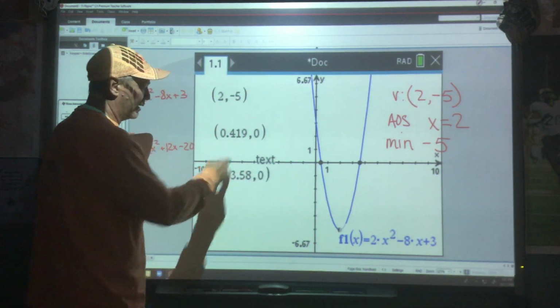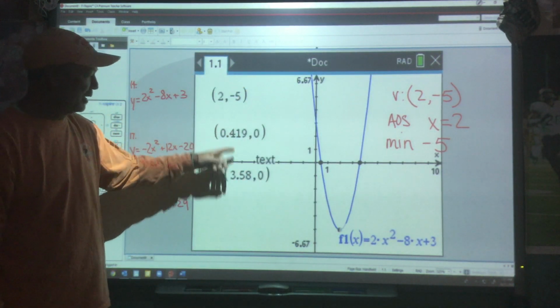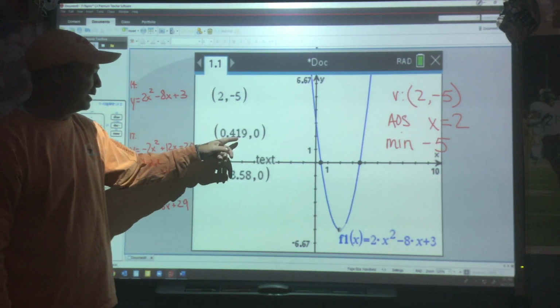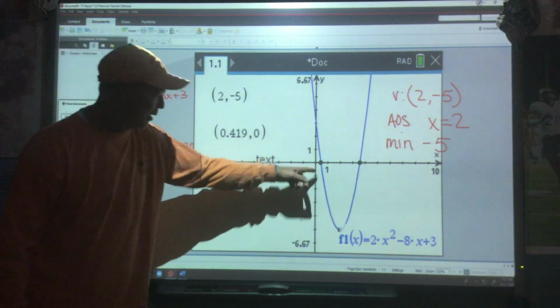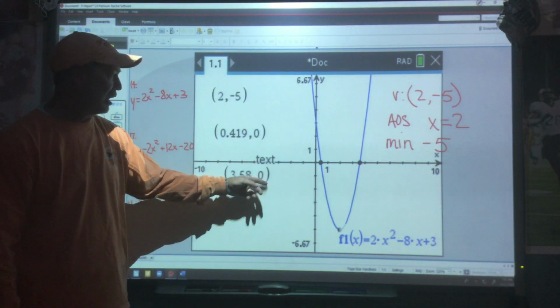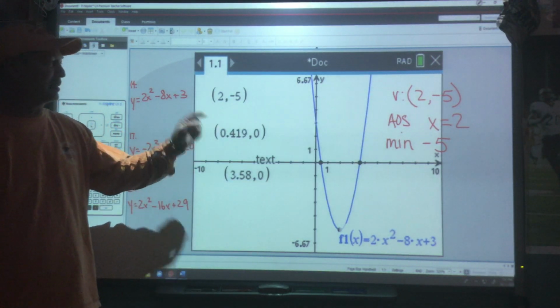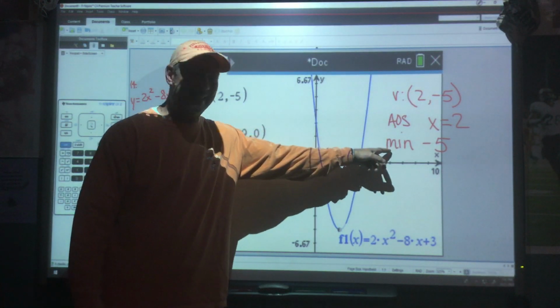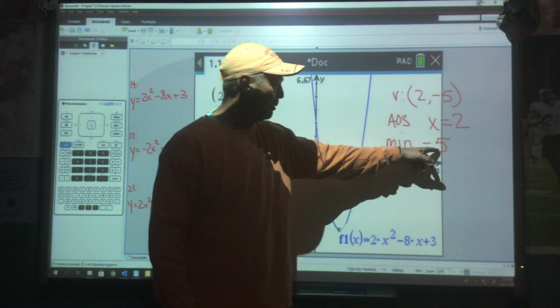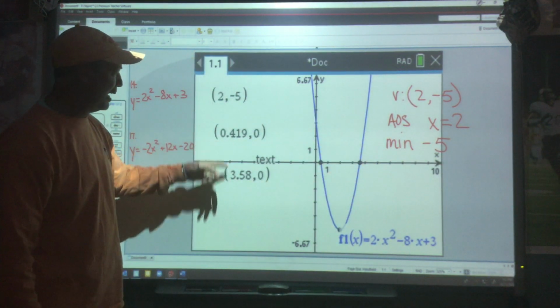These are my two x-intercepts. Notice how they're written as ordered pairs. 0.419, comma 0, and 3.58, comma 0. So there's my vertex, my axis of symmetry. It is a minimum. There's my minimum value. Here are my x-intercepts.